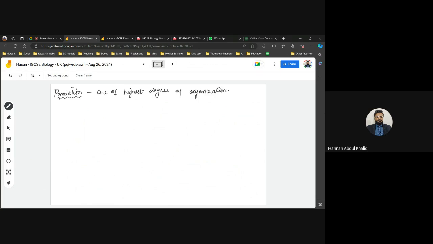Then we said the cells combine into tissues. The tissues combine into organs. Organs combine into organ systems, and then organ systems combine into individuals.